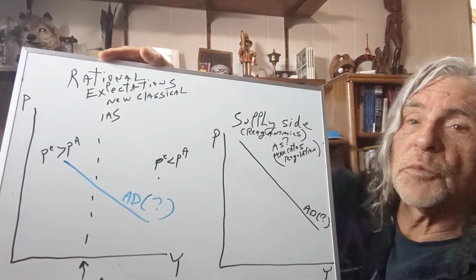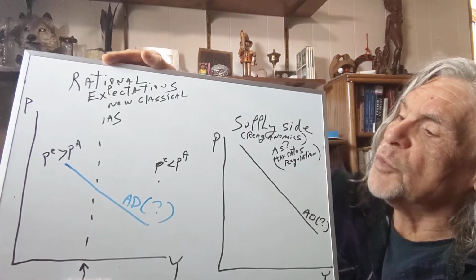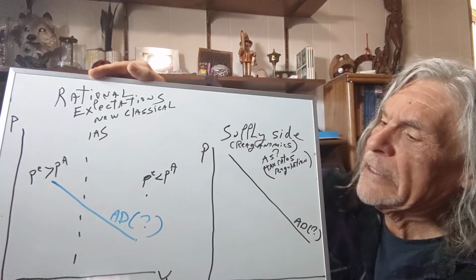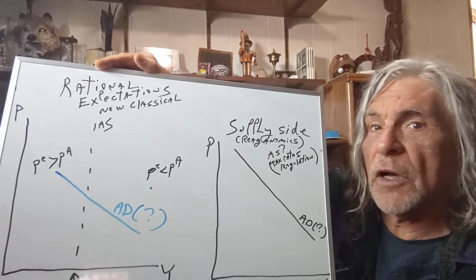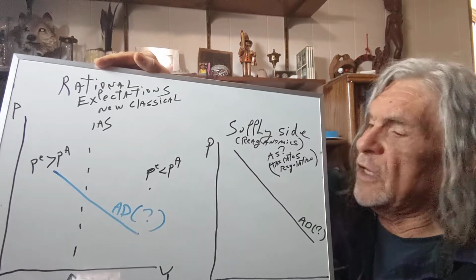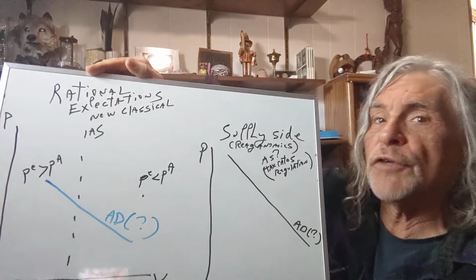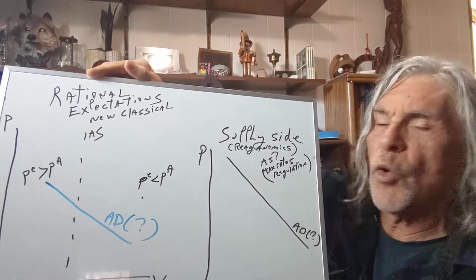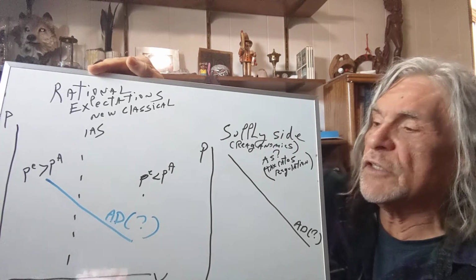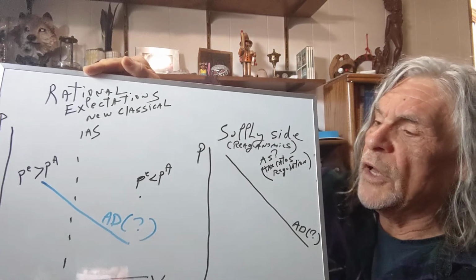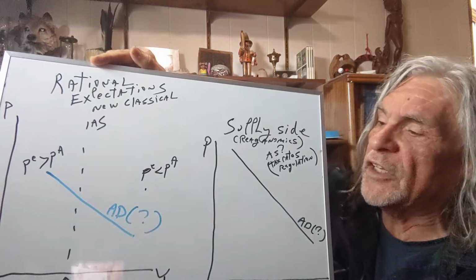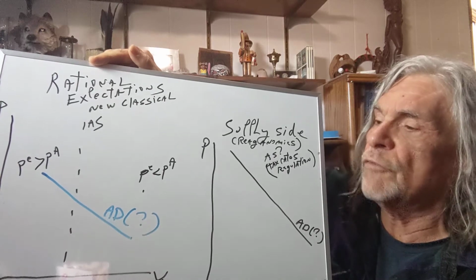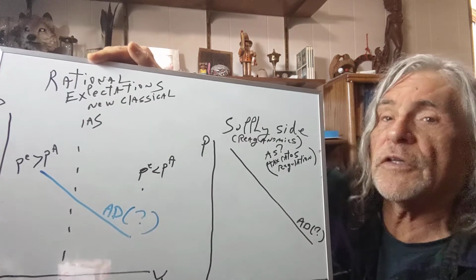What shifts the aggregate demand curve for rational expectations? Well, the school of thought as a whole doesn't really make any pronouncement on that. Now, I'm not saying that an individual rational expectations economist doesn't have any point of view as to what shifts the aggregate demand curve, but one can be a rational expectations economist and have a variety of points of view about what shifts the aggregate demand curve.